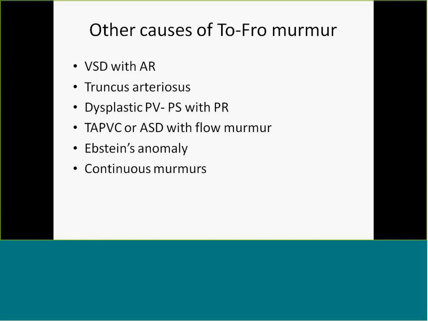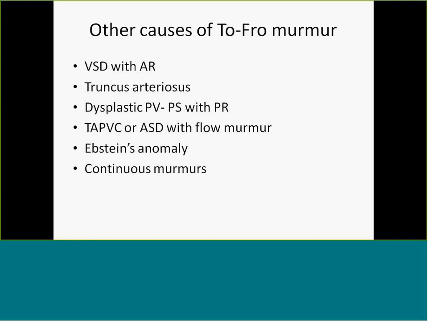Truncus arteriosus is an equivalent of aortic incompetence, therefore a high-pitched, early diastolic murmur. Dysplastic pulmonary valve, as in Noonan syndrome, may have pulmonary incompetence, which has a low-pitched PR murmur, similar to absent pulmonary valve. But then dysplastic pulmonary valve is often asymptomatic. The features of Noonan syndrome are in the face and the skeleton.